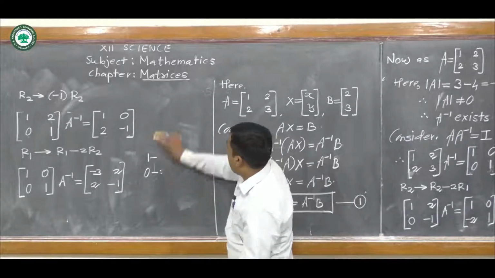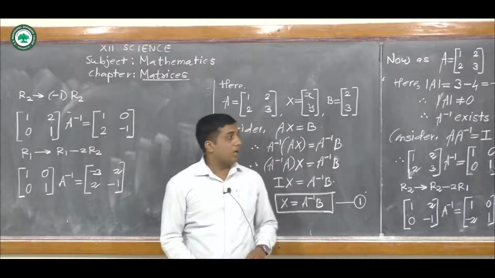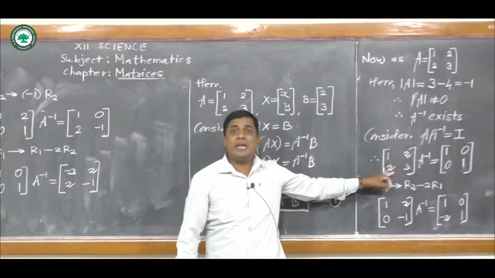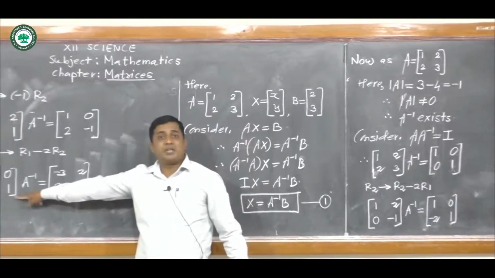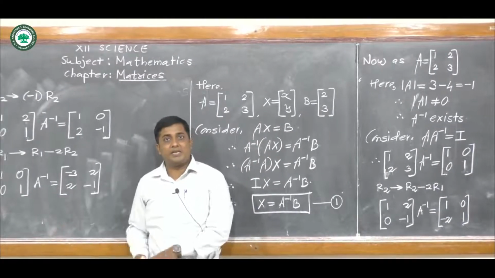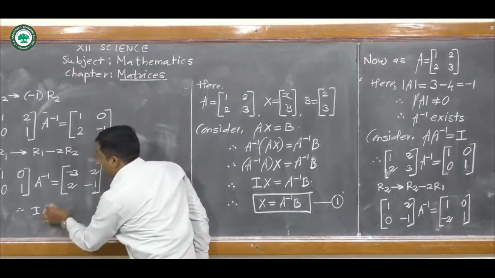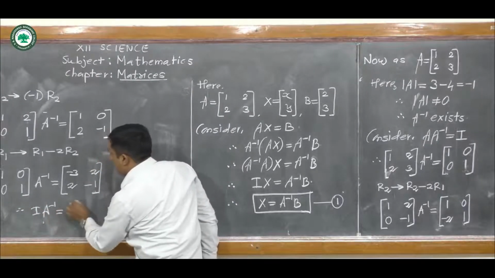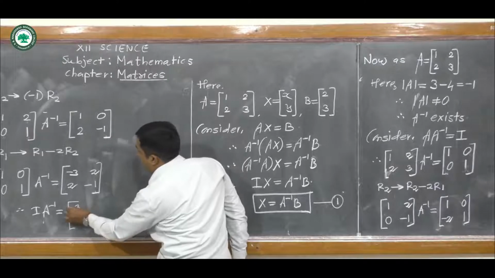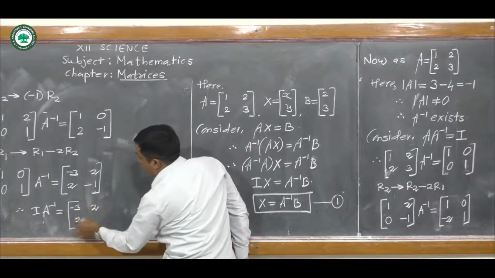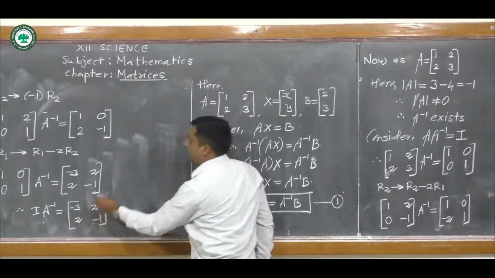So here we reduce this matrix A to identity matrix. Okay, then we get I, A inverse is equal to the matrix having elements minus 3, 2, 2, minus 1.